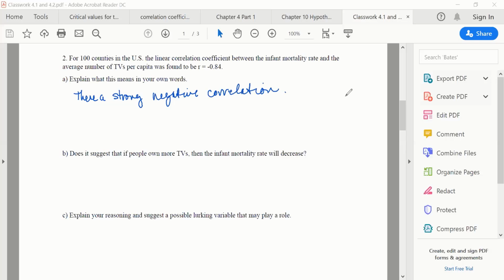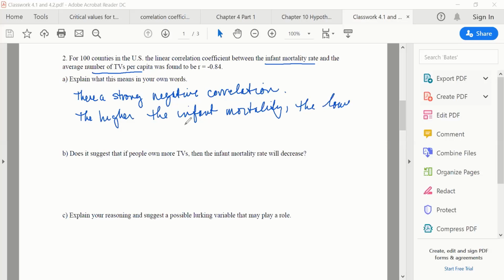So that's just my first go at it. But what does it mean about infant mortality and the number of TVs per capita? That means the higher the infant mortality, the lower the number of TVs per capita.